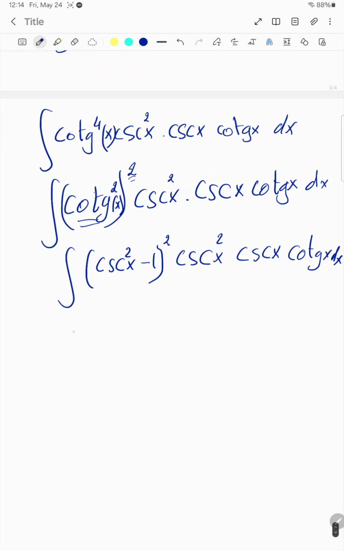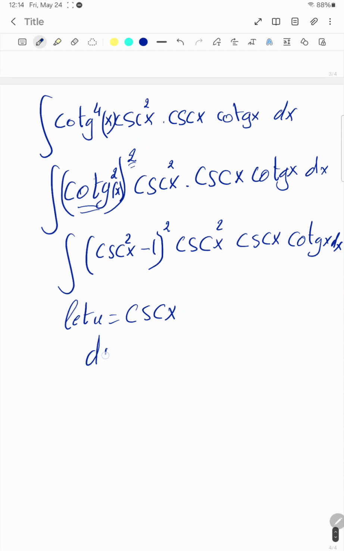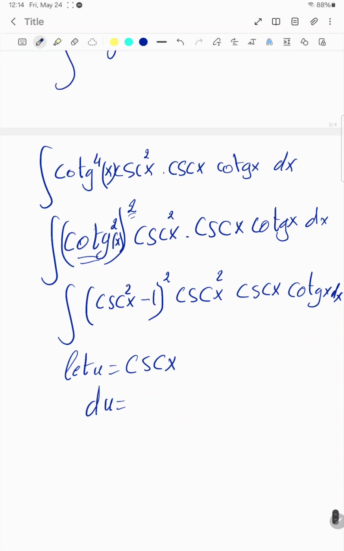So here I can say let u equal cosec of x. So, sorry, my du will be equal to minus cosec x cotangent x dx. So cosec x cotangent x dx is equal to minus du.